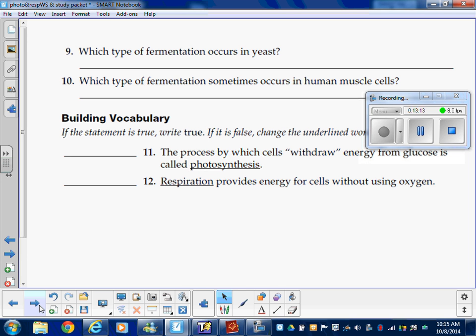What are the products of fermentation? You still get energy. You don't get as much energy. It's much less efficient. But what is the other waste product that's produced by yeast in fermentation? You guys should all have it written down. It produces alcohol, right? So when hops and grains and barleys are fermented, they produce alcohol. When grapes are fermented, they produce alcohol. That's how alcoholic beverages are made.